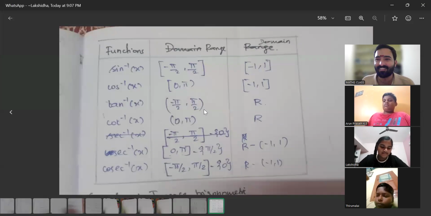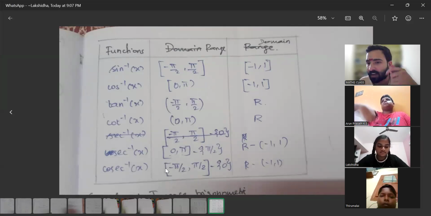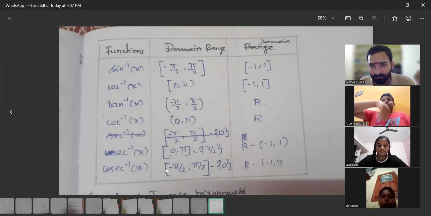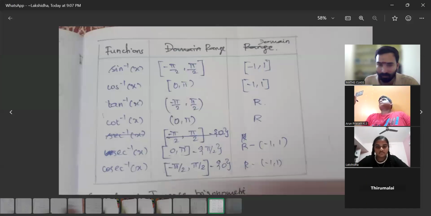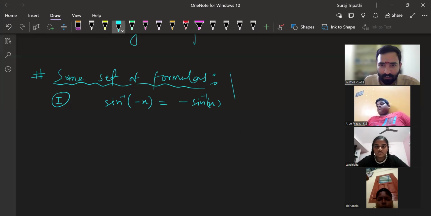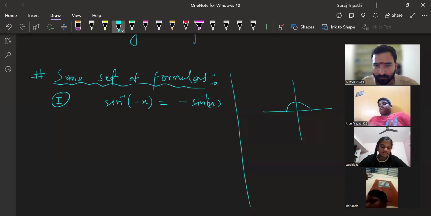Yes. Now see here, these sine, tan and cosec inverse x. These three lie either in the first quadrant or in the second quadrant, right? So this is also very, very important. So I'm writing here, this is not any point, these are the quadrants.